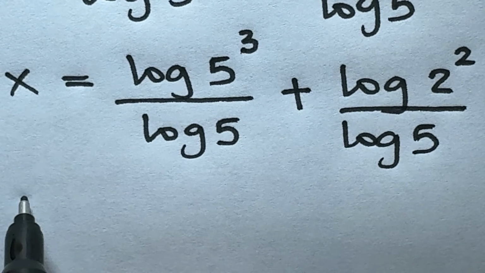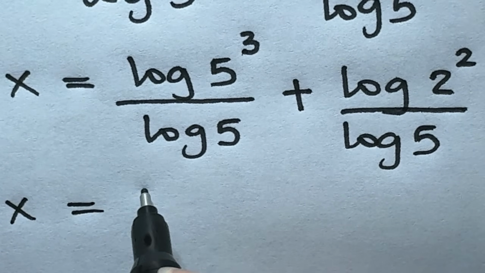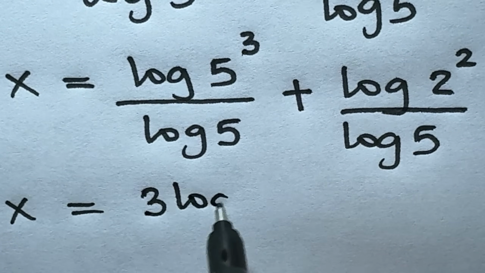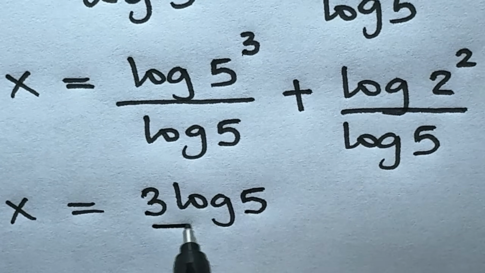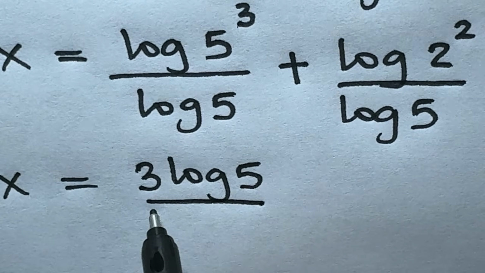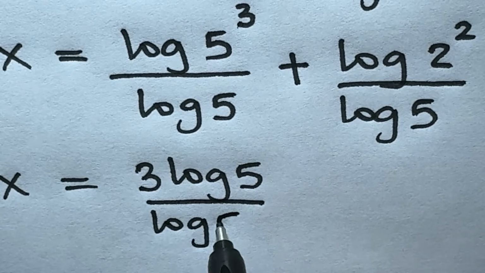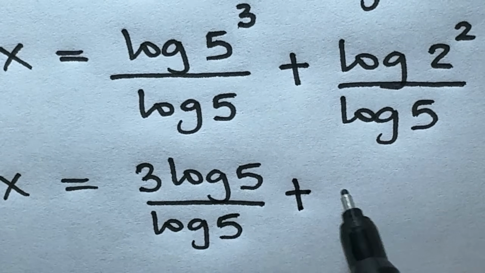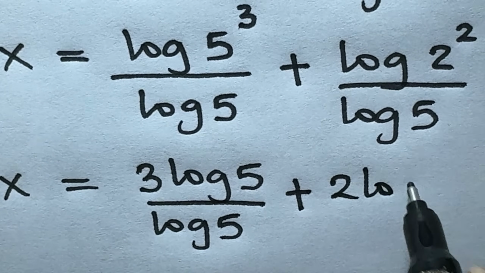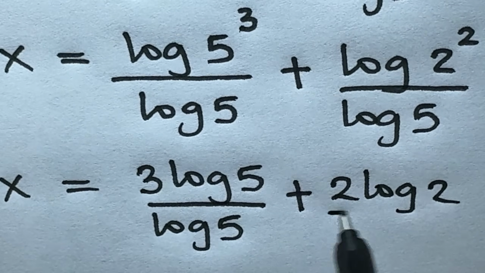which will then give us x is equal to 3 log 5 divided by log 5, and plus here, this is 2 log 2, divided by log 5.